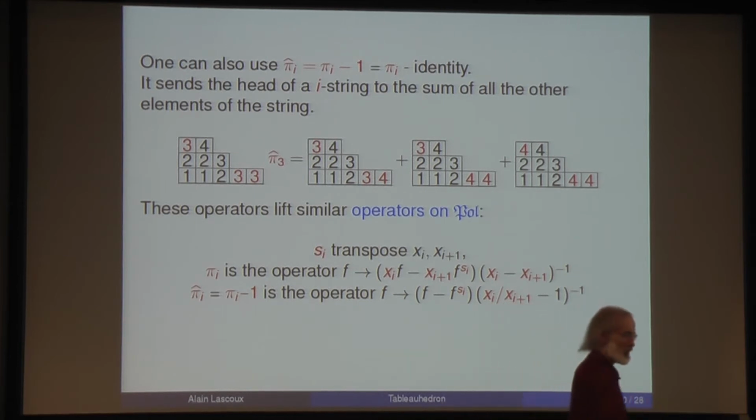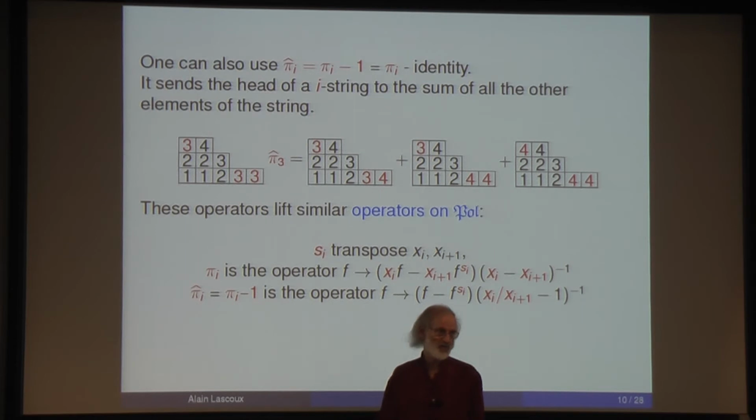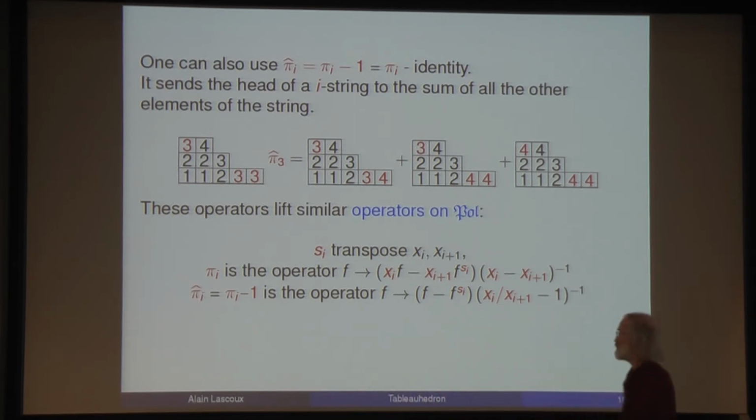This operator also satisfies the same relations in the commutative world, when they are operating in the commutative world. So there is another family generating what is called the zero Hecke algebra. To compare the two and to use the two families at the same time provides identities. So it's important.